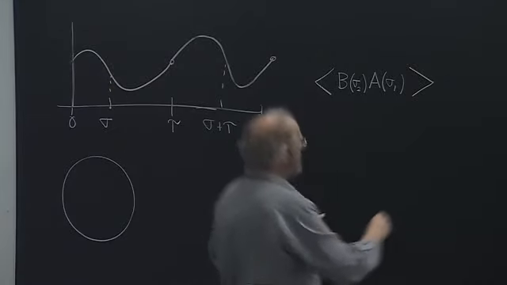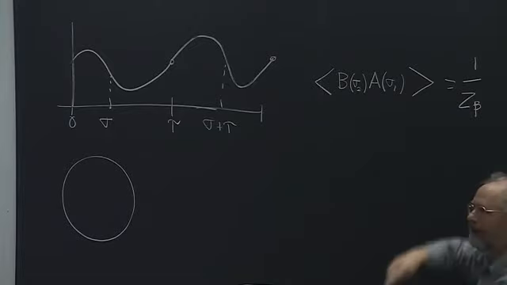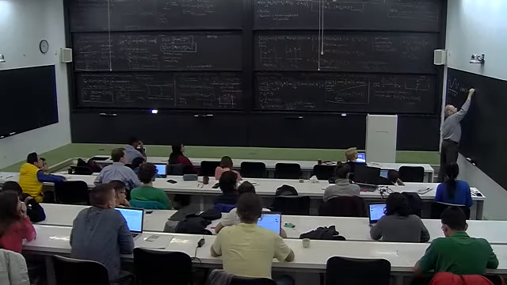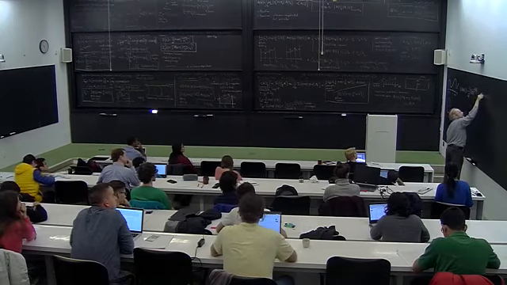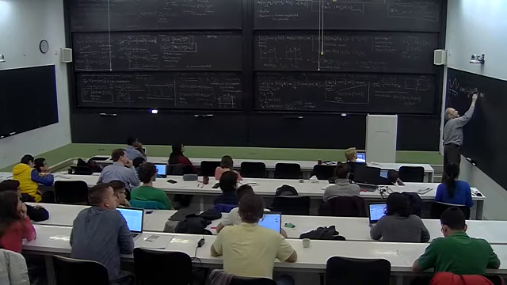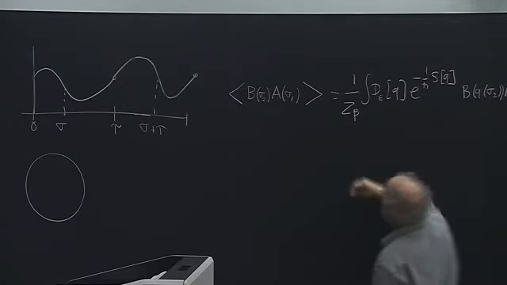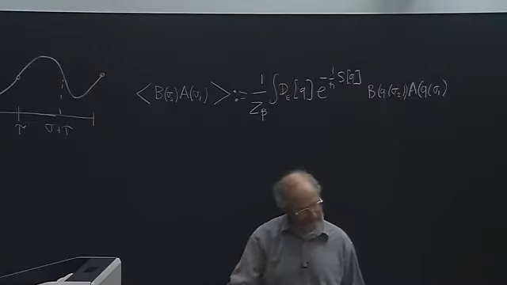This is given by 1 over Z beta times the same kind of path integral, e to the minus 1 over beta S of q, times A of q at time sigma 1, B of q at time sigma 2. So just take this as a mathematical function defined by this path integral.